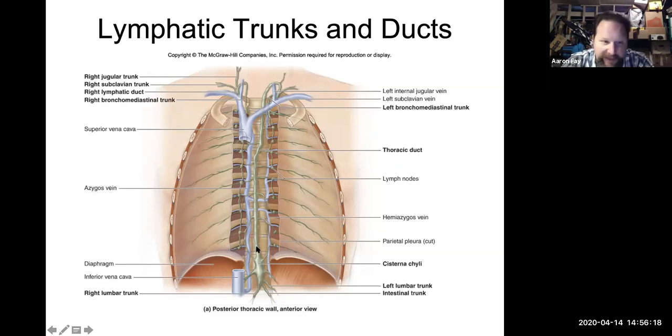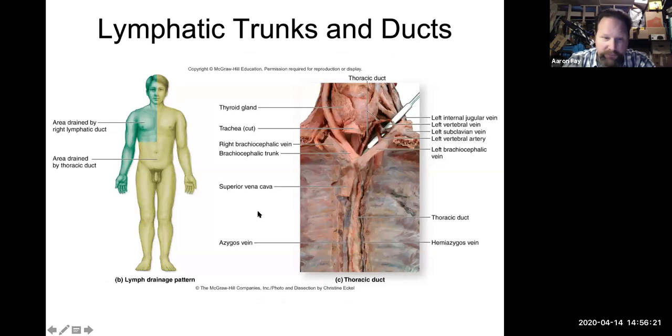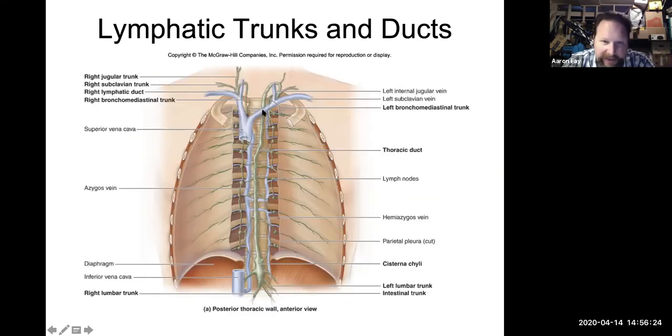The cisterna chyli then drains into the thoracic duct, and then the thoracic duct will join with the jugular trunk and the left subclavian trunk, and then it will join with the left side of the internal jugular vein and the left subclavian vein, and return three-quarters of the body to right here at the union or the formation of the left brachiocephalic vein.